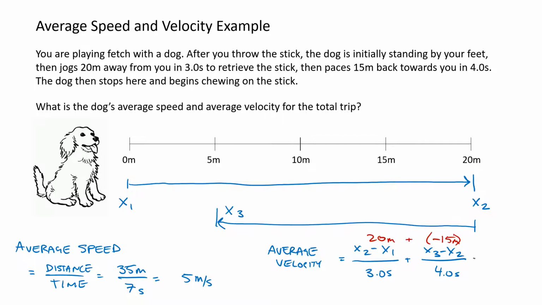We get 5 meters in 7 seconds. And I've done this, what was it? It was about 0.71 meters per second.